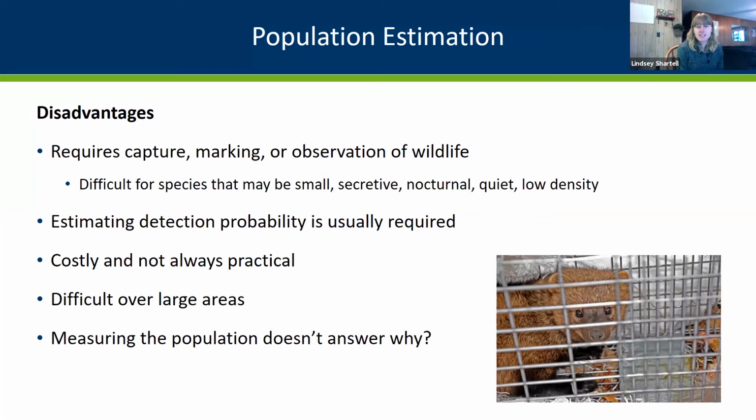Estimating detection probability is typically required to understand whether the species is absent or just undetected. And some of these methods are typically costly and not always practical, especially when you have many covariates that can impact the population. They're also difficult to collect over large areas due to the logistics and effort. And measuring the population alone doesn't answer why.